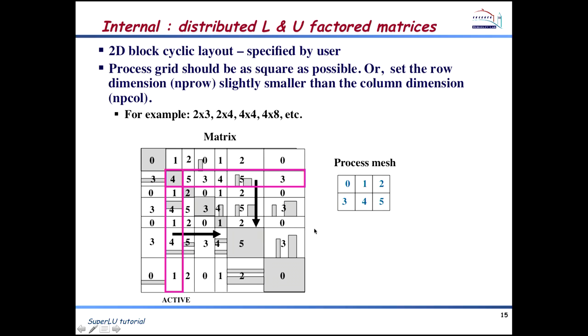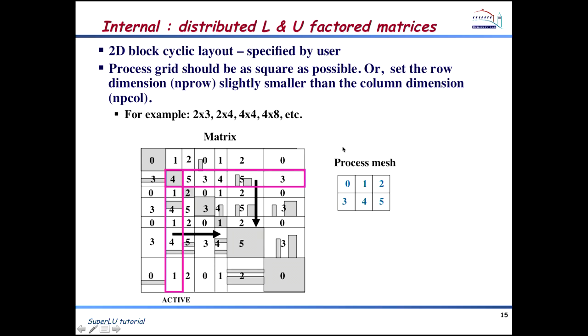And what the user needs to do, the input into the library, is to set this process mesh. The biggest problem, sometimes the performance hit, is that if you don't set this properly, the code might be quite a bit slower. The general rule is you want to give this as square as possible.